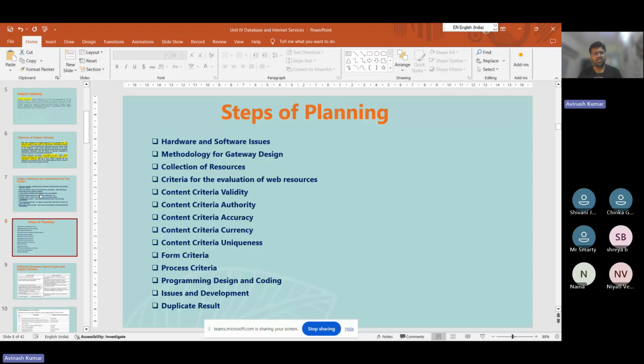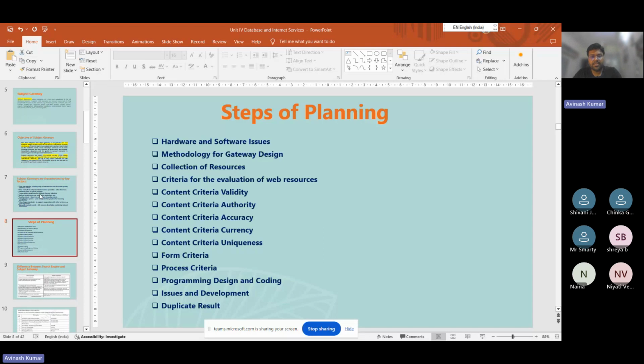Okay, suppose you are an engineering student and your institution has a subject gateway, then you can collect all information related to your engineering. So then you have a particular resource, a collection of resources. And if you want to collect all information, you have to pay for the information from the particular gateways.